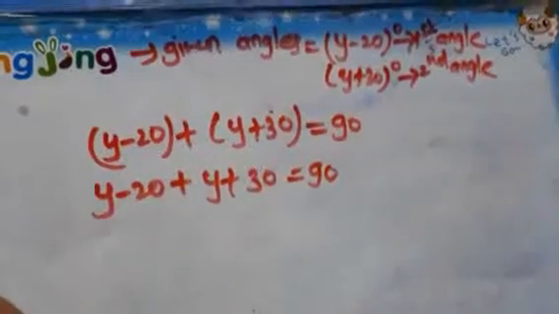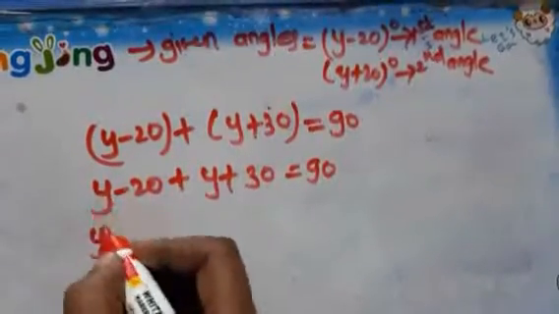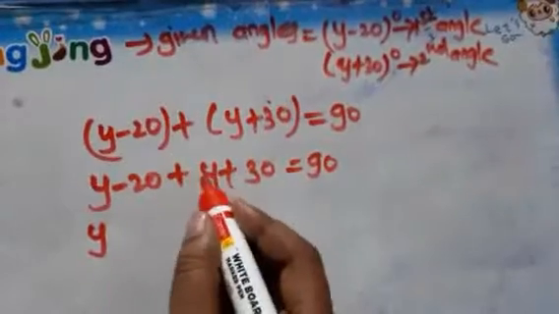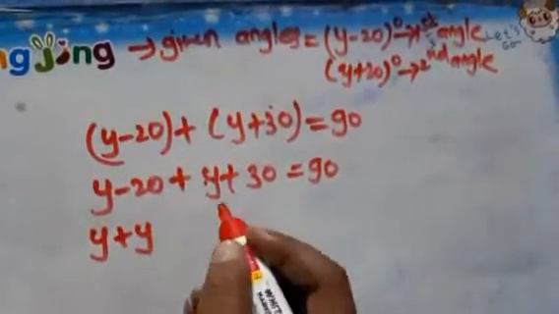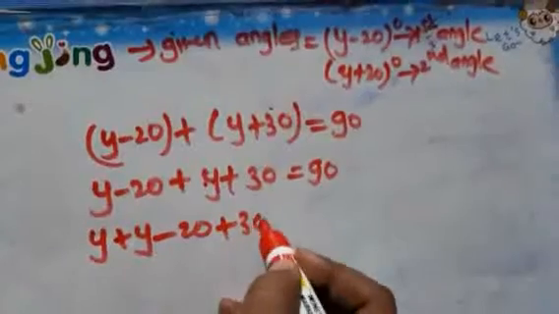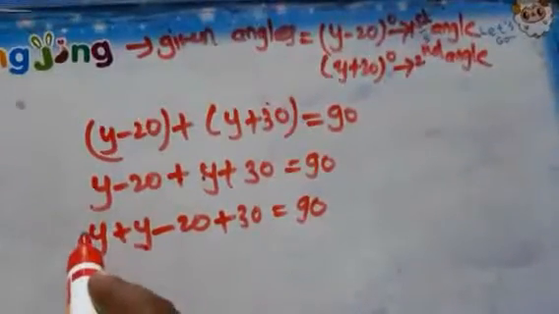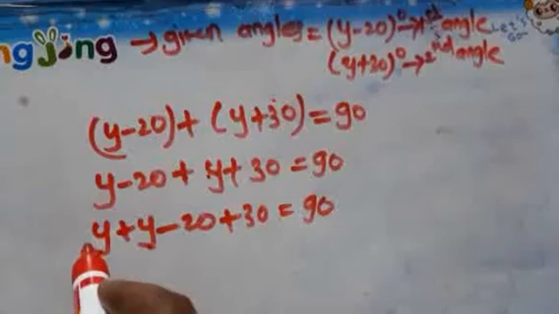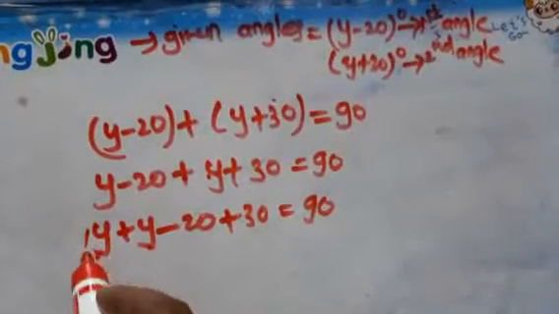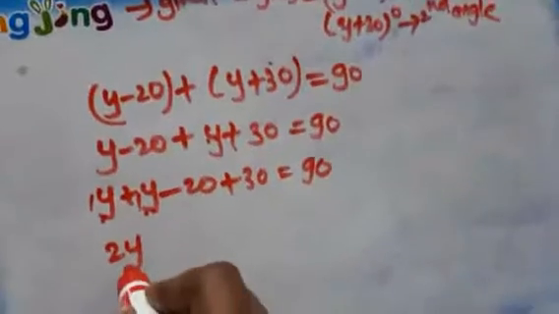Now we will take letters together and numbers together. y, this y as it is, plus y. Now minus 20 and plus 30 is equal to 90. Now y plus y: whenever no number is written in front of a letter, there should be 1. So 1y plus 1y is 2y.